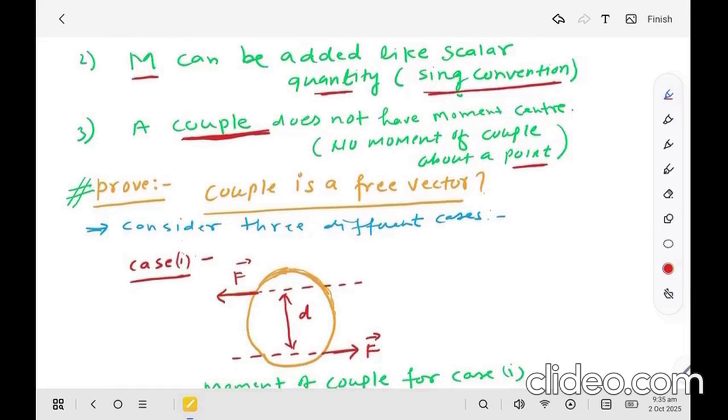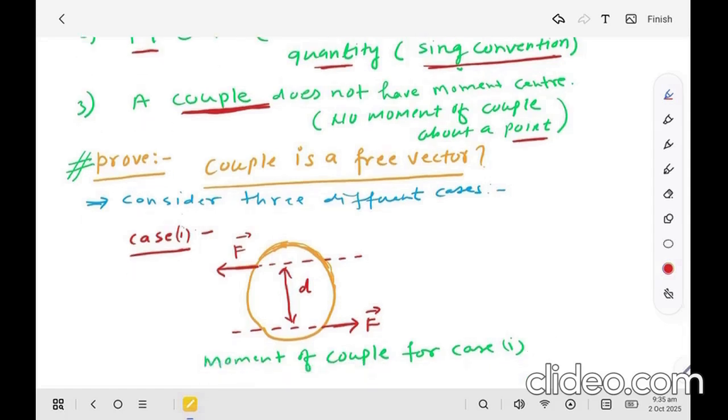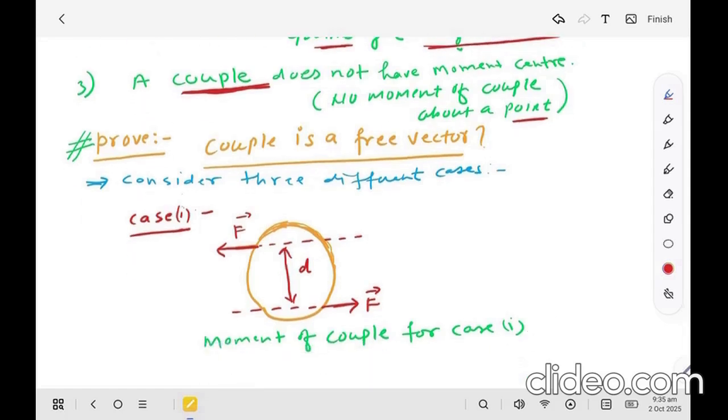Now, if I proceed further, there is one very important property of a couple: the couple is a free vector. So what does it mean? I will discuss this after doing some mathematics.